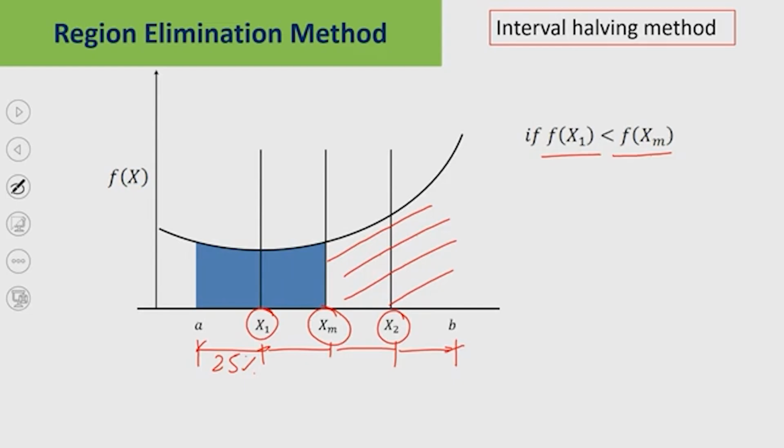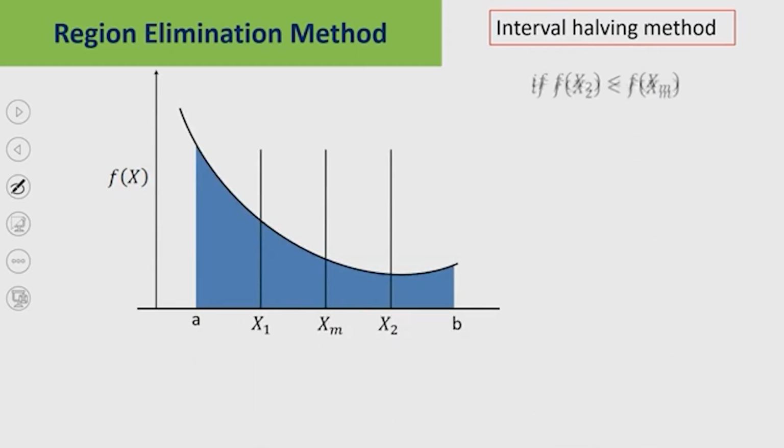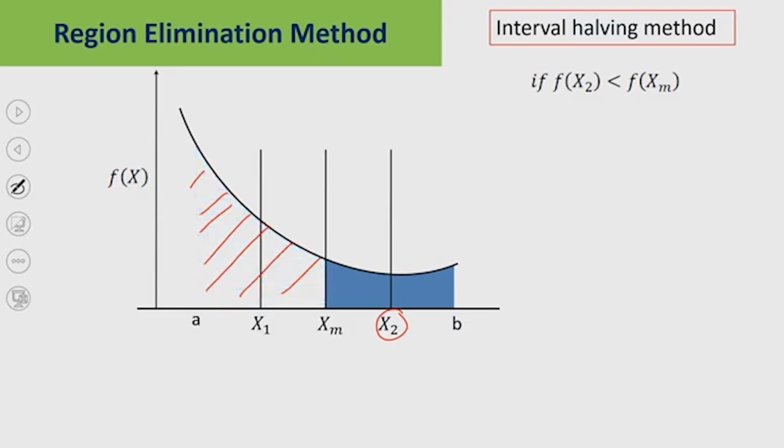How much are you eliminating? You are eliminating 50% of the area. For this condition, if f of x2 is less than f of xm, in that case optima is not there in this particular region, so you can eliminate 50% of the area.